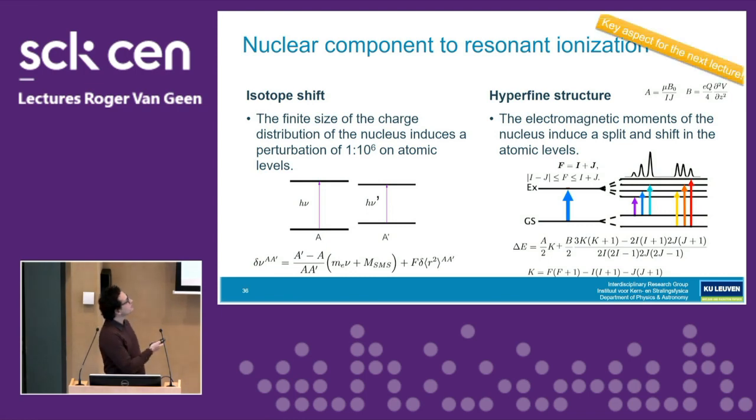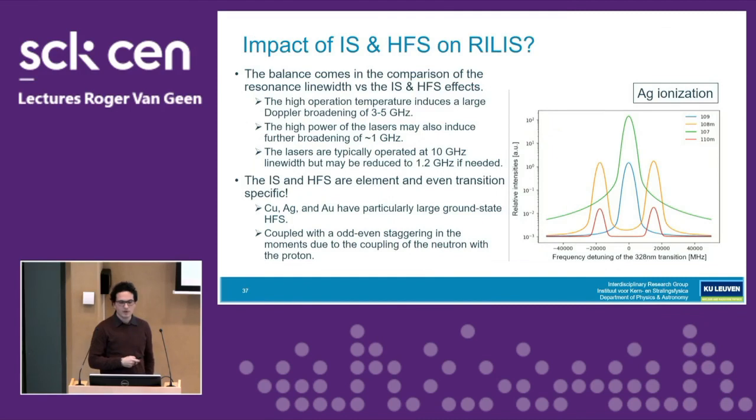So first off, these two aspects will be key points that I will discuss in our next lecture on properties, but let's look at what impact it can have on production in the ion source. And here, you have to consider the balance between the resonance line widths you have and the typical isotope shift and hyperfine structure effects. So you are in a high temperature environment, 2,000 degrees.